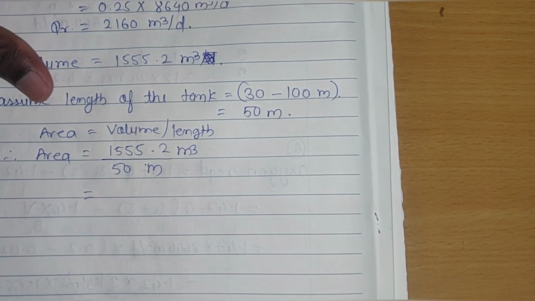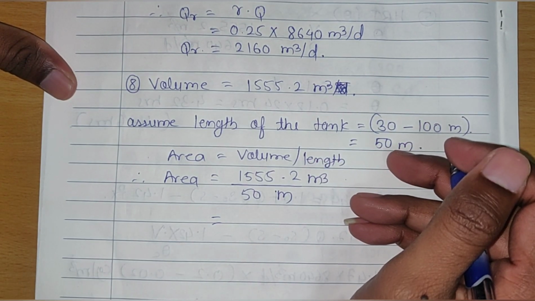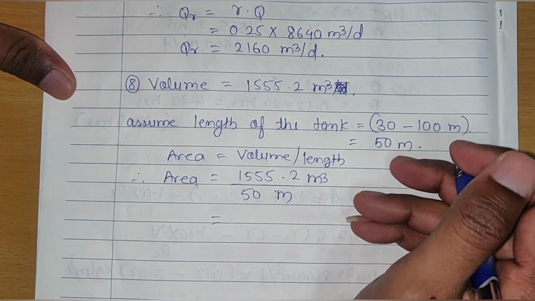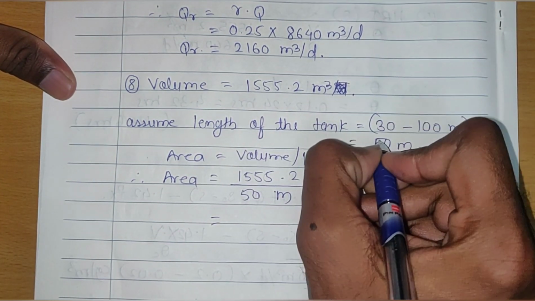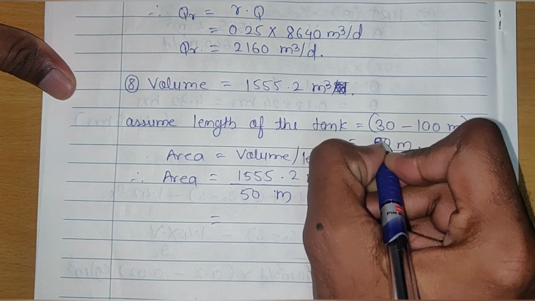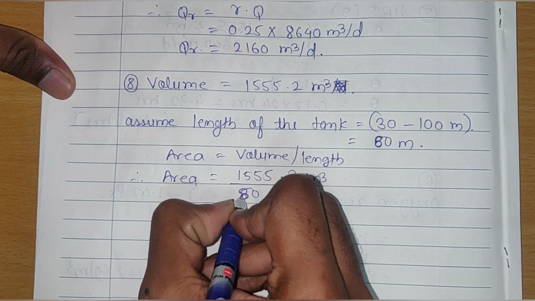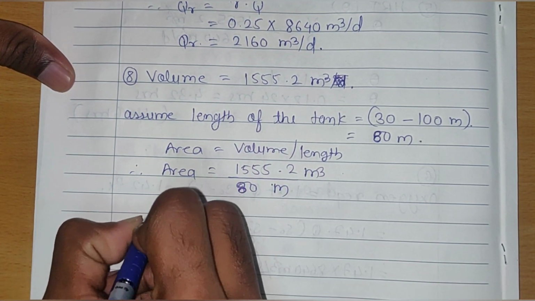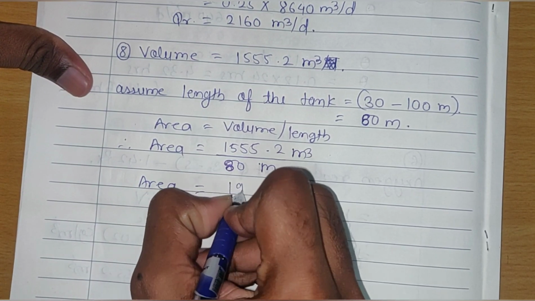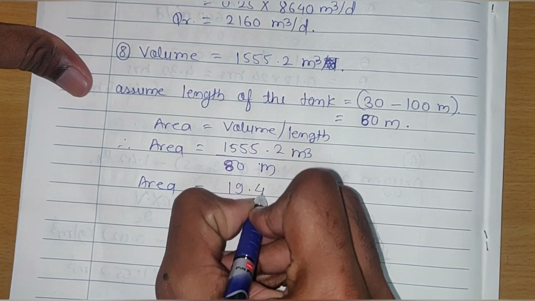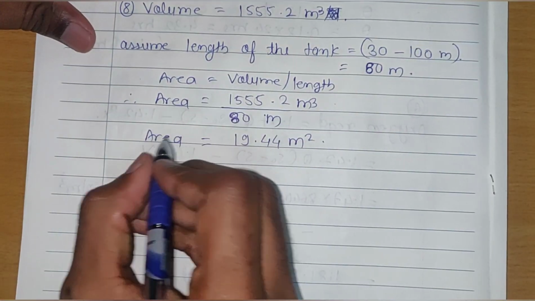So let's change the assumed length, because if the length is small, then the depth value will be more. That's why I will change the assumed length to 80 meter. Okay, then the area will be 19.44 meter square.